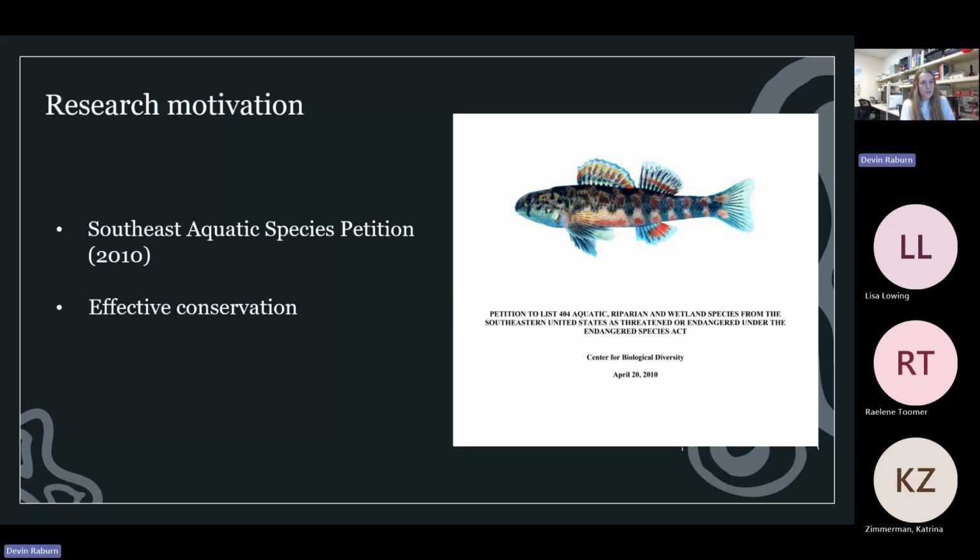So because they're petitioned for listing under the Endangered Species Act, we need to inform a species status assessment, which basically clarifies their range, their distribution, their threats, population, things like that. And we need information on their ecological requirements and all of these other things to make effective conservation decisions and to inform their listing decision upcoming in 2026.